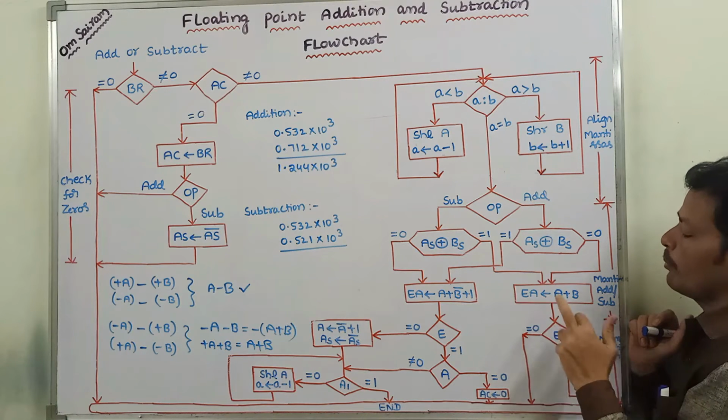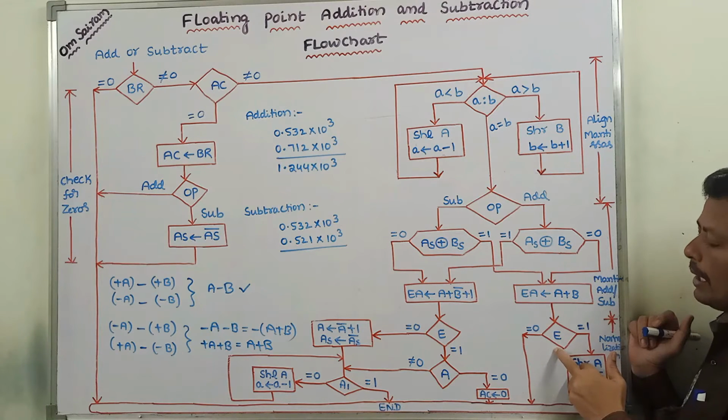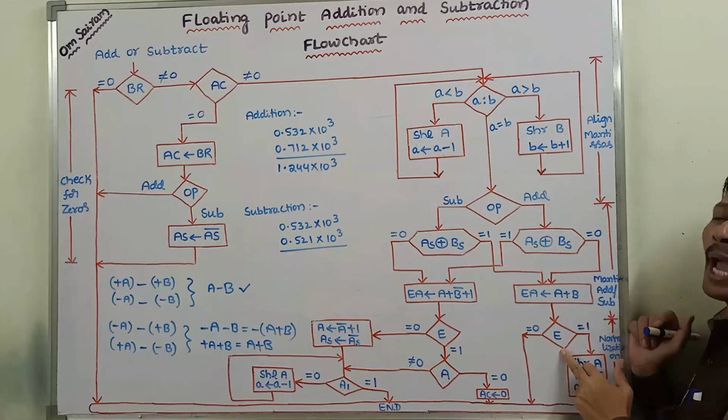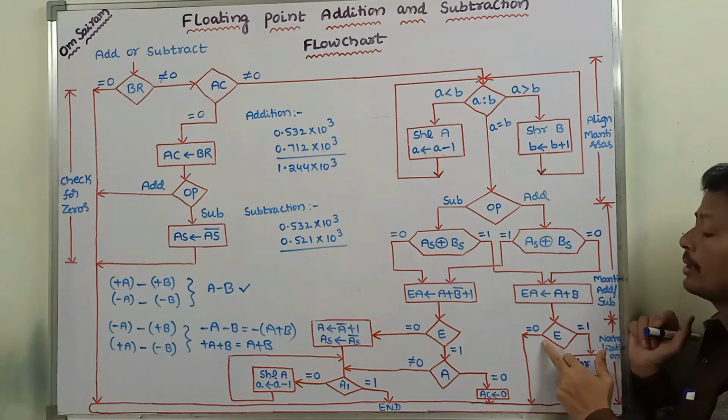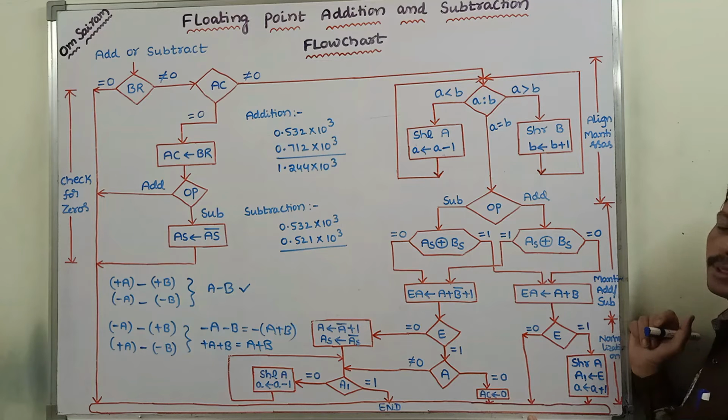So at that time, we have to check the E value. Suppose E value is equal to 0, that means no carry is generated. So we have to simply stop the procedure. That means nothing happens. We have to end the process.